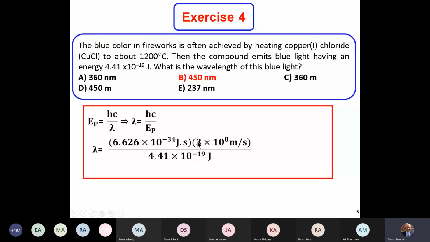The answers proposed are in nanometers, so we have to multiply by 10^9: 4.5 × 10^-7 times 10^9 equals 4.5 × 10^2 nanometer, so equal to 450 nanometer, and the answer is B.